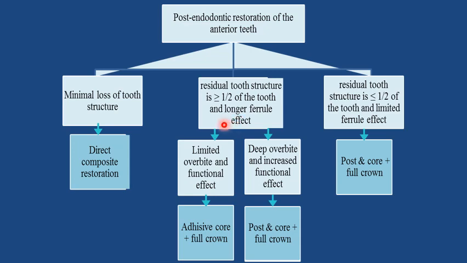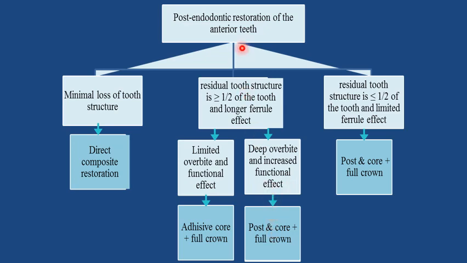If we have limited overbite and functional effect, so the restoration of choice is the adhesive core and full crown. But if we have deep bite, overbite and increased functional effect, so the restoration of choice is the post and core followed by full crown.